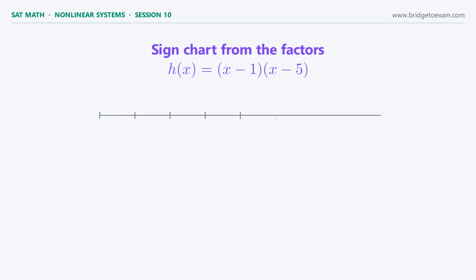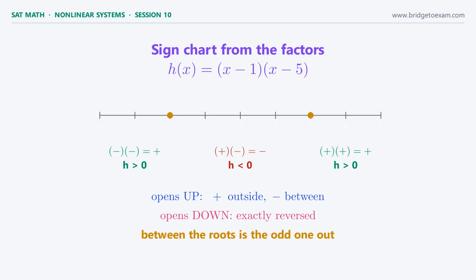Here's where it gets beautifully mechanical. Suppose the difference comes to you factored. h of x equals some leading factor times x minus r times x minus s. The zeros are obviously r and s. But now think about the sign in each region. Take a simple upward case first, like x minus 1 times x minus 5.